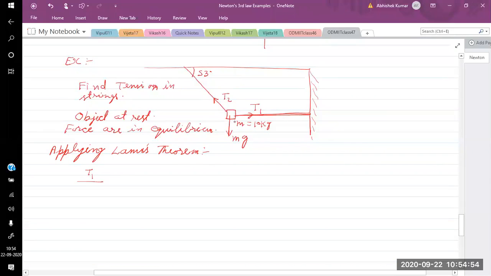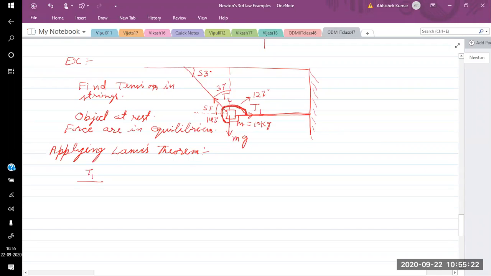So this angle is 90 and this angle, if we say this is 53 degree, so this total angle will be 53 plus 90, that is 143 degree, and this side, since this is 53, this will be 37, so this total angle will be 90 plus 37, that is 127 degree.